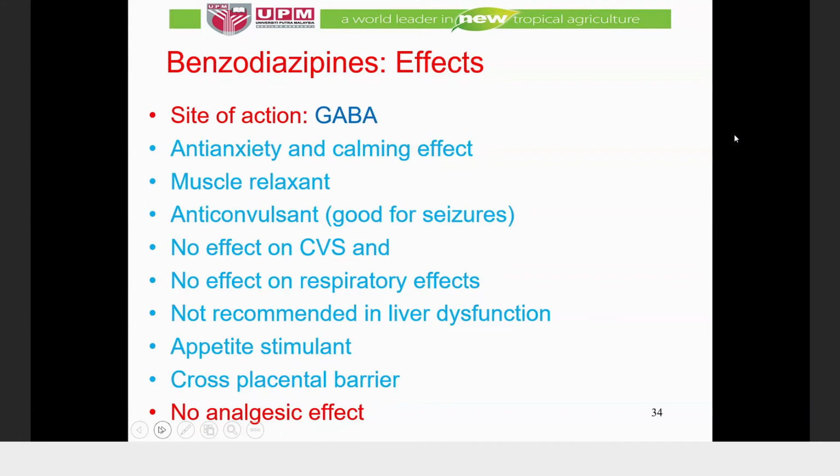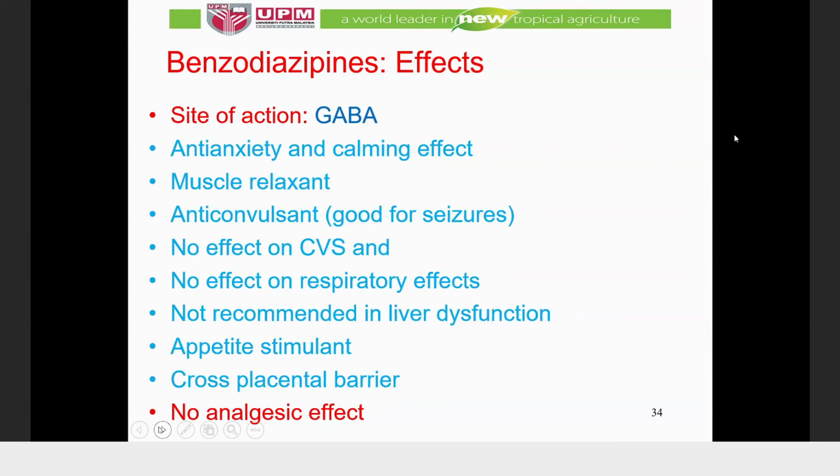So when we give benzodiazepine to that animal, it will act on the GABA receptors, and the neuron will release the GABA neurotransmitter at the presynaptic vesicles, and that will attach to the receptor in the postsynaptic neuron.